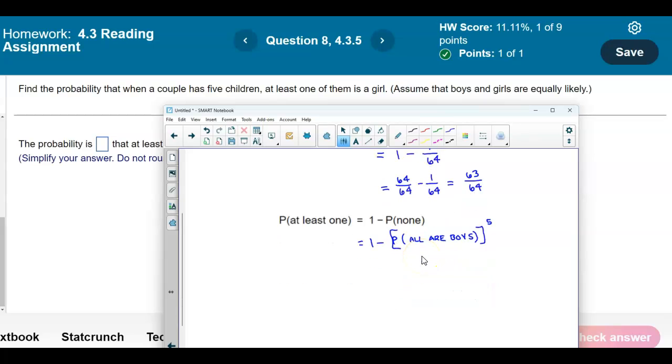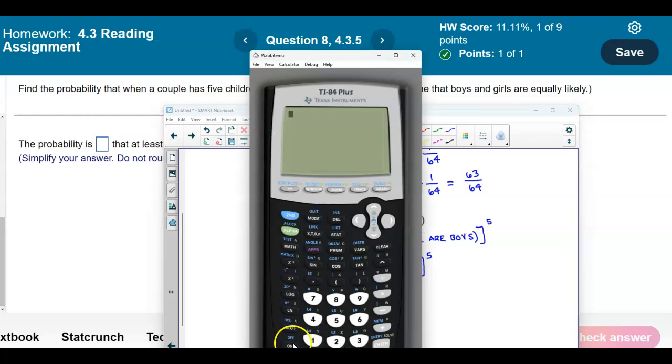So 1 minus, well again, what's the probability that it's going to be boys? Well, it's going to be 1 over 2, and we're raising that to the 5th power. So that's going to be 1 minus 1 to the 5th power, which is 1, and then we know that 2 to the 5th power gives us 32.